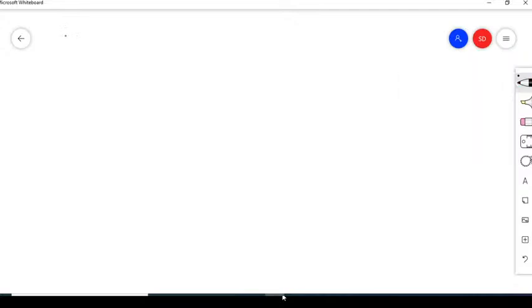So this is exercise 6.3, question number 5. We will do question number 4 later on. Clear? Now what is question number 5? Question number 5 says, find the equivalent fraction of 15 by 35 with denominator 7. Okay.